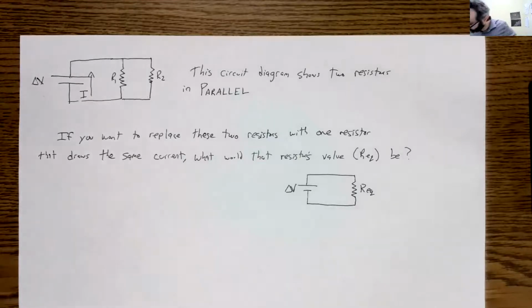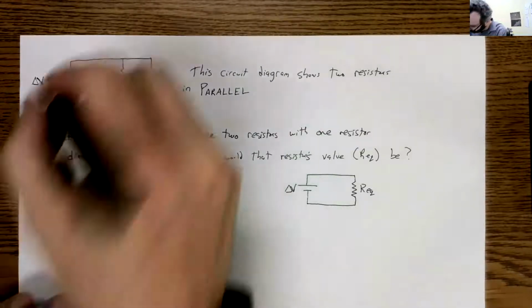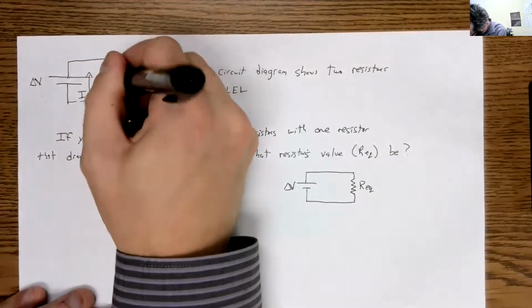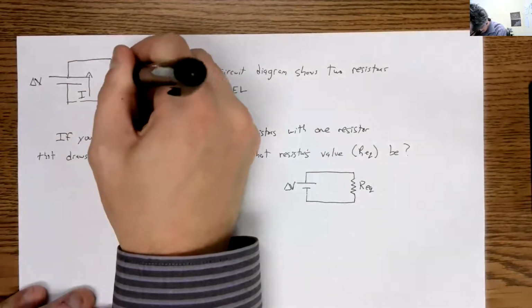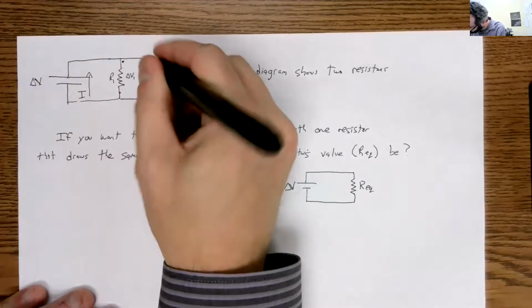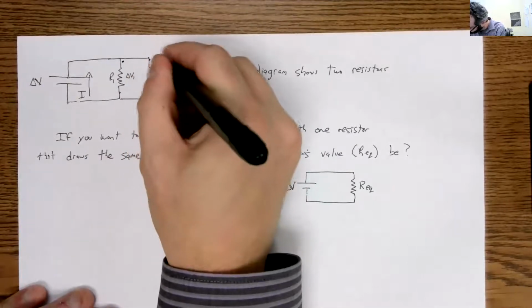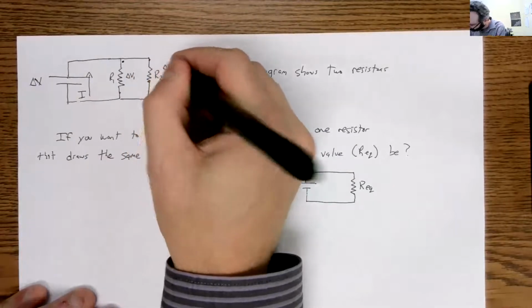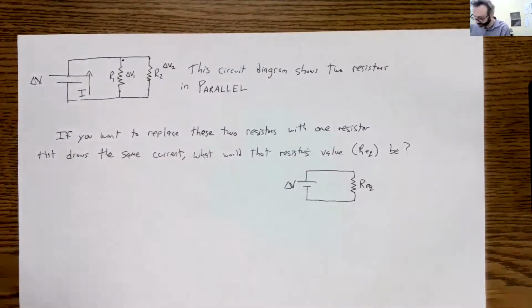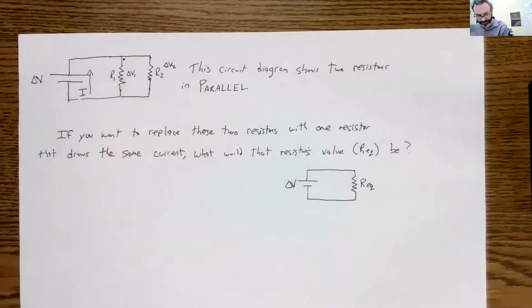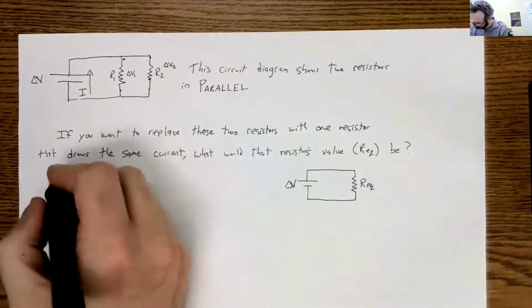So let's see. What can we say about the potential? So if I've got from here to here, I'm going to say I have delta V1. From here to here, I've got delta V2. What can I say about delta V1 and delta V2 compared to delta V in this situation?